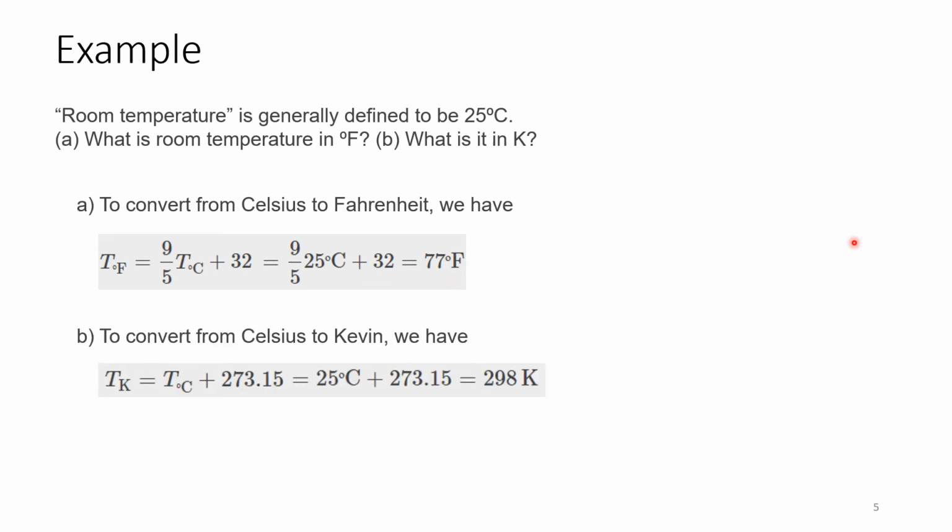In part B, to convert from Celsius to Kelvin, we have the temperature in Kelvin equals temperature in Celsius plus 273.15, and we get 298 Kelvin.